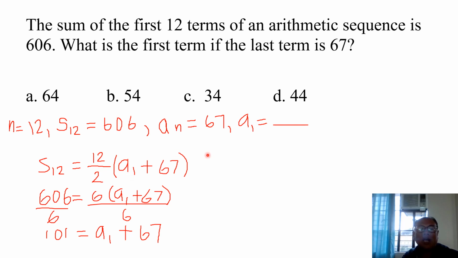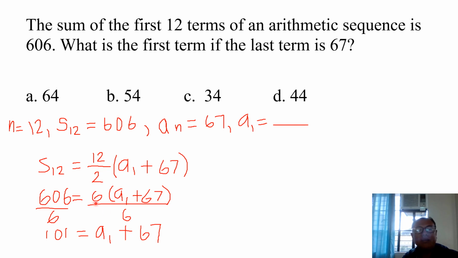I use here the short formula for finding the sum of an arithmetic sequence, which is S sub n equals n over 2 multiplied by the first term plus the last term. Since we're given that the last term is 67, to solve for a1 we replace in the given equation. The sum of the 12 terms is 606, which is equivalent to 12 over 2 and then multiplied by the quantity a1 plus 67.